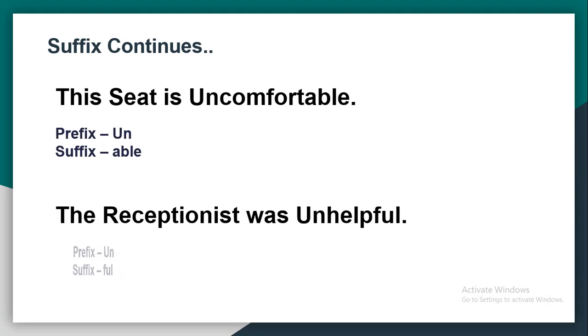And to make it opposite, we have added the prefix un. So these are just two of the examples here, but you can play with the words using prefixes and suffixes and make more meaningful words when you use vocabulary in English.